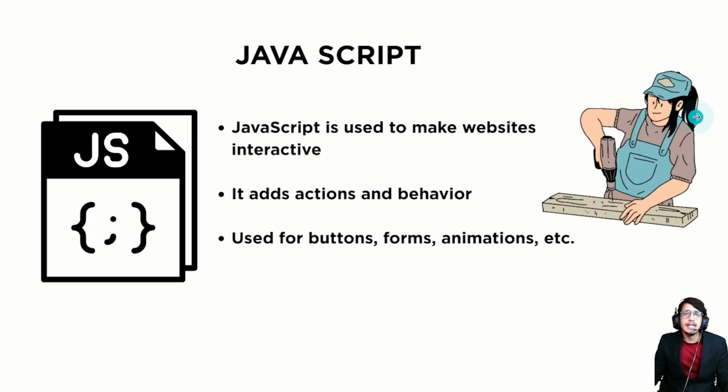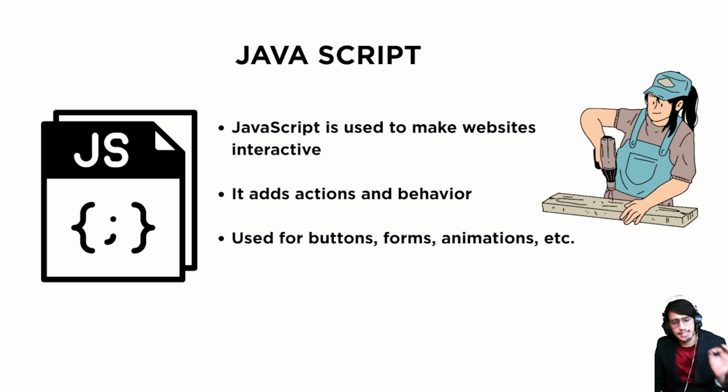Now, it's time for JS or JavaScript. What does JavaScript do? JavaScript is a mechanic. It is used to make a website interactive. It adds actions and behavior. For example, if you go on a website and click on a button, that button is clickable because of JavaScript.